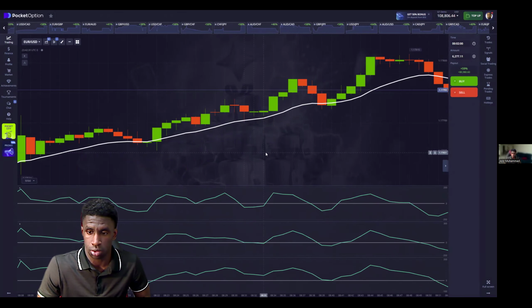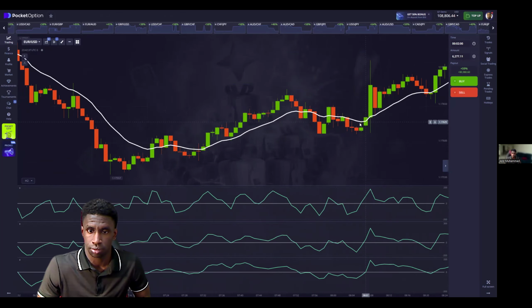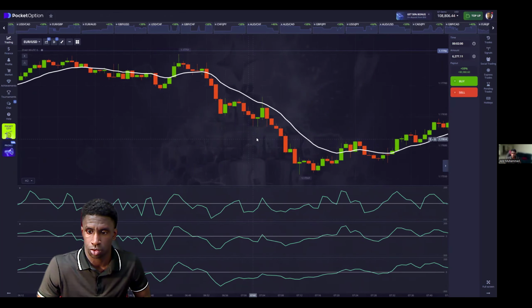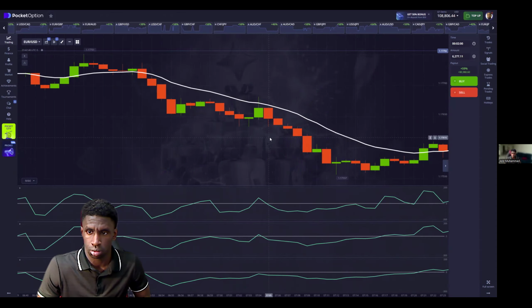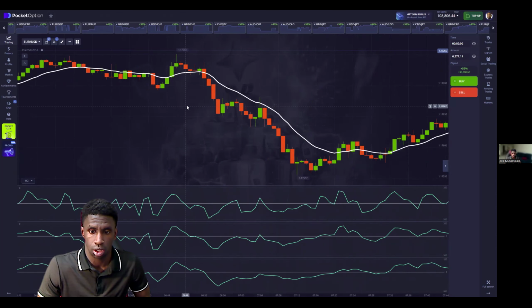This would be a retracement right here. And you get in right here for about 3 minutes. Push down, push down, push down. Retracement. And you're getting in for the sell. If you want to wait for a deeper one, you're getting in for the sell here.